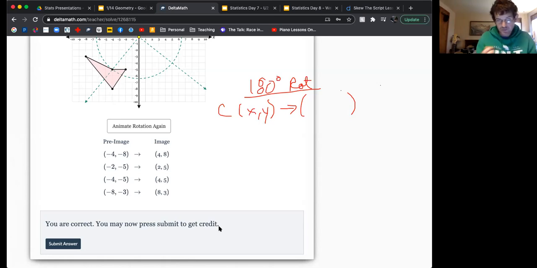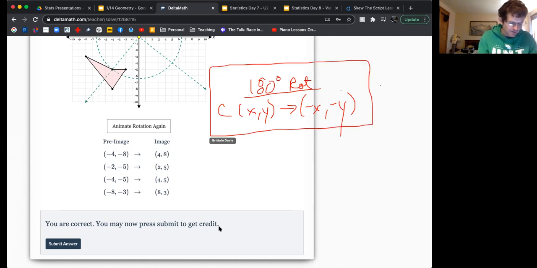We didn't flip the order. So X becomes -X, Y becomes -Y, and that's it. That's our coordinate rule. I'm going to put a box around that. So just to wrap this up, if I had 5, I don't know, -12. Let's do something like a bigger coordinate.